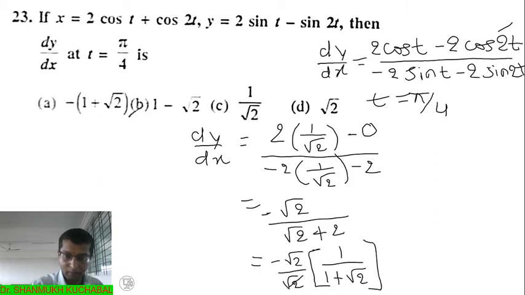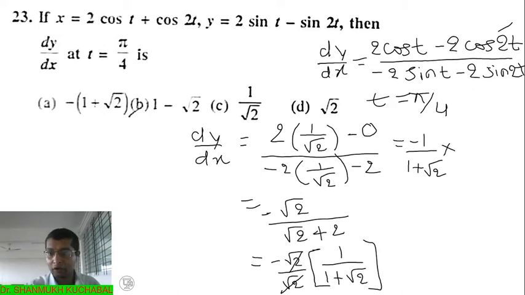Root 2 cancels, so it is minus 1 divided by 1 plus root 2. So further, the denominator we have to rationalize. This is not among the options, so we rationalize it. Minus 1 divided by 1 plus root 2, multiplied by its conjugate, 1 minus root 2 divided by 1 minus root 2.